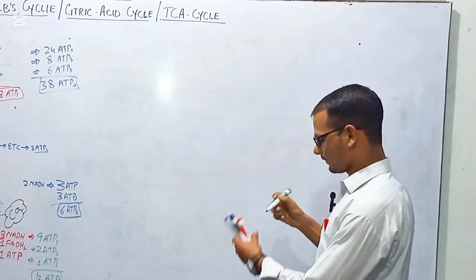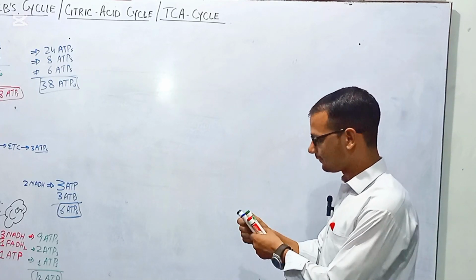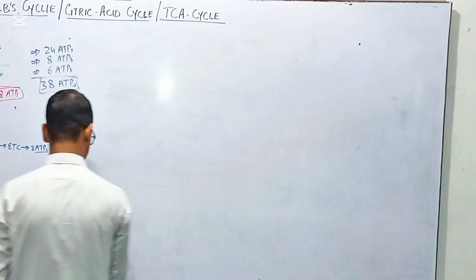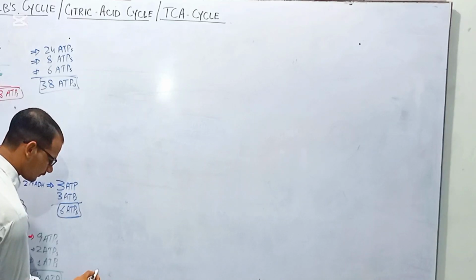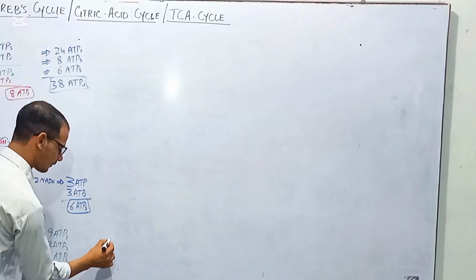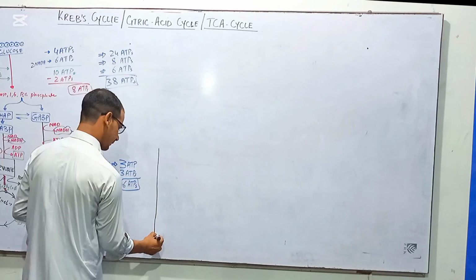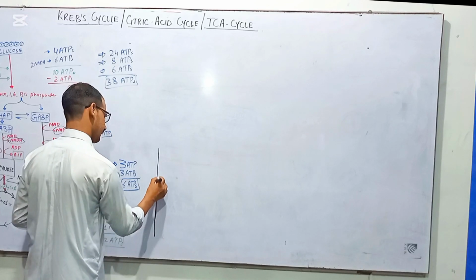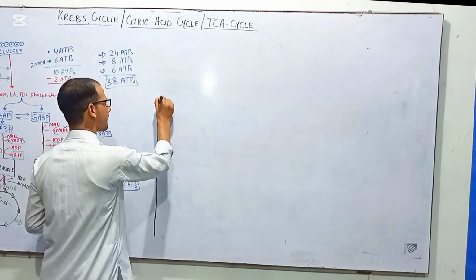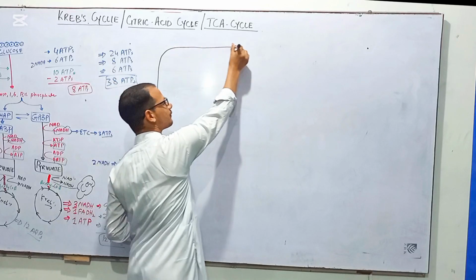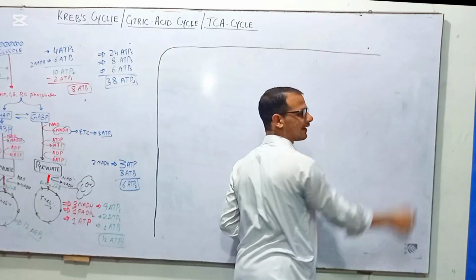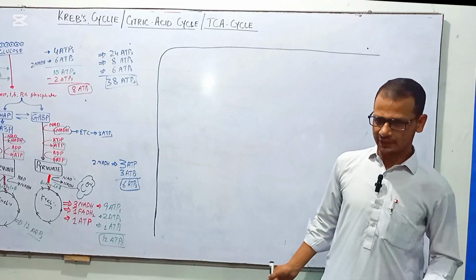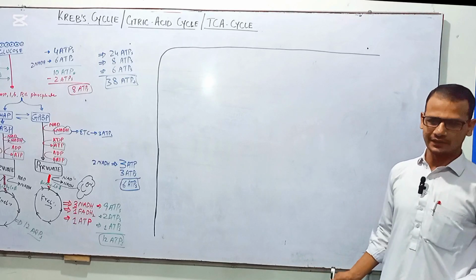So for example, I am taking one mitochondria here. What is the shape of mitochondria? It may be spherical, it may be cylindrical, it may be cubic, it may be rectangular, right?